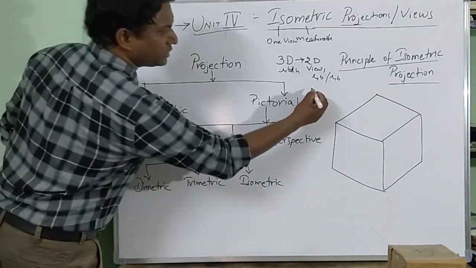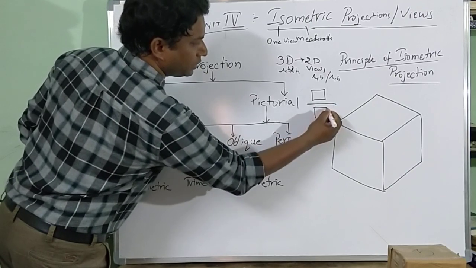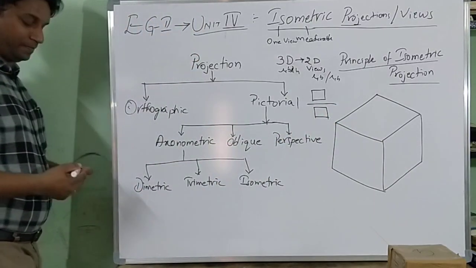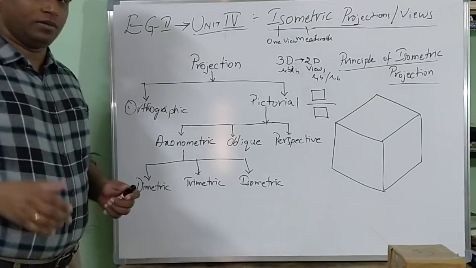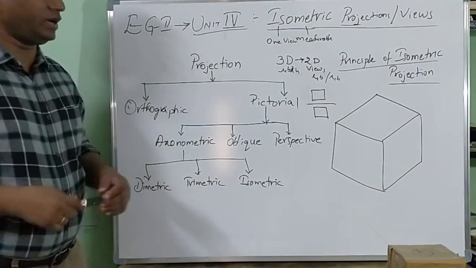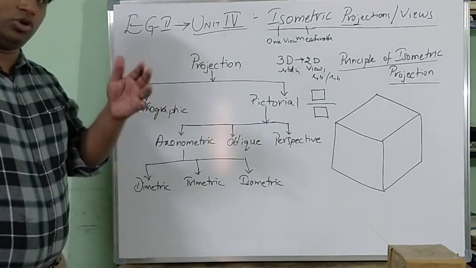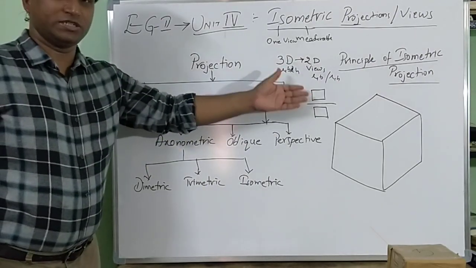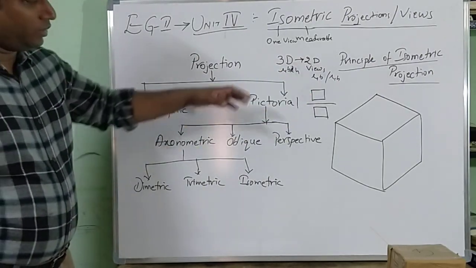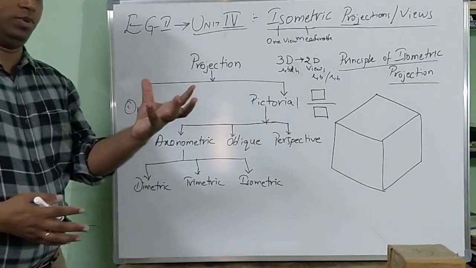For example, here I have drawn two boxes. If I ask an ordinary man the meaning of this figure, he will say one box above the line and one box below the line. But being engineering students, you understand that above the line is the front view and below the line is the top view. When both are the same, it is a three-dimensional object, a cube.